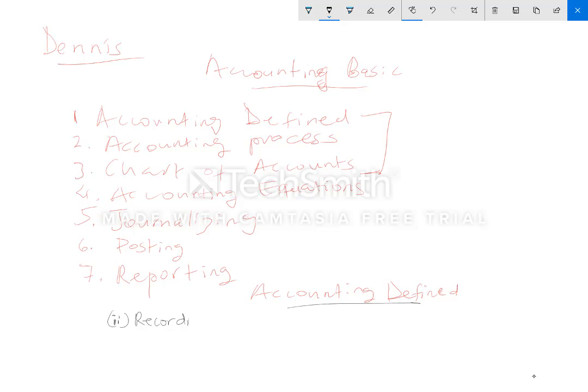Recording and summarizing financial or economic events.